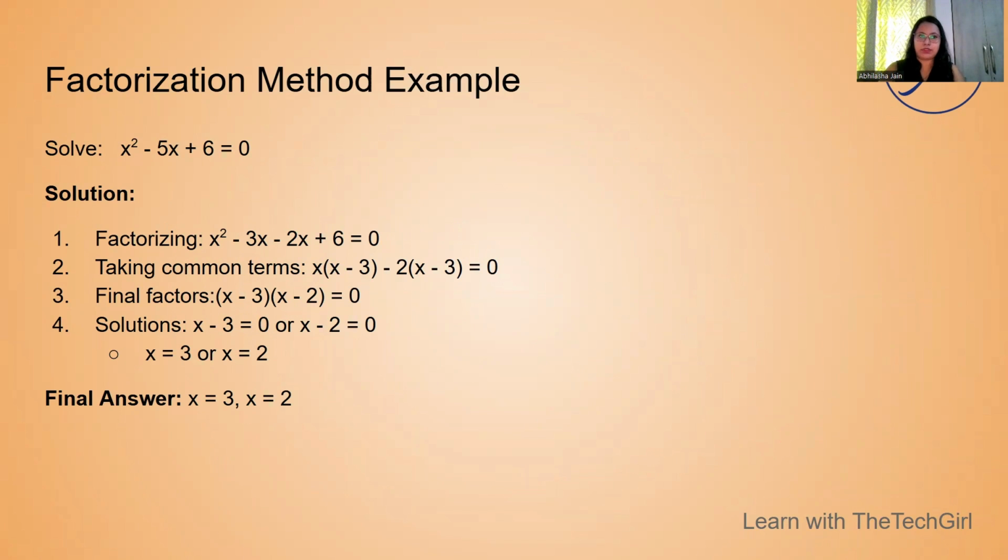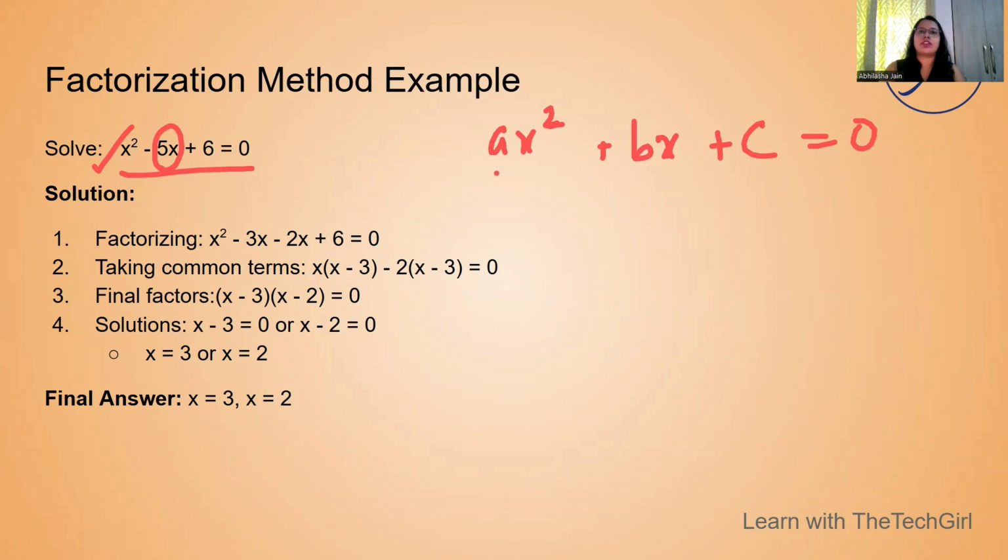So let's see this example. You have x squared minus 5x plus 6 equal to 0. You're going to factor this middle term. This is already in the form of ax squared plus bx plus c equal to 0.